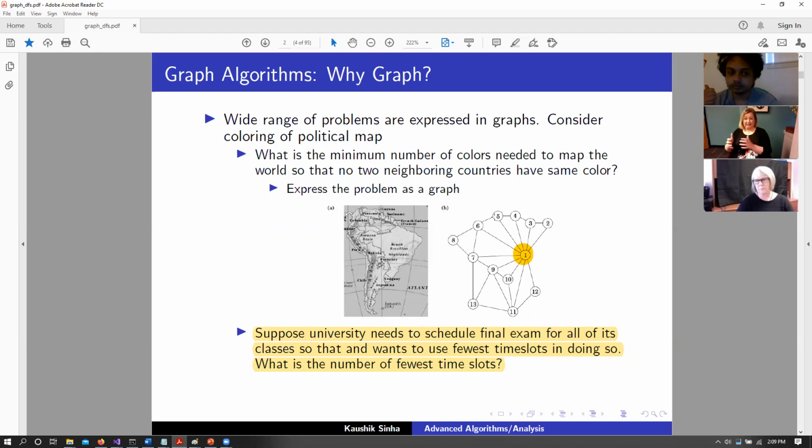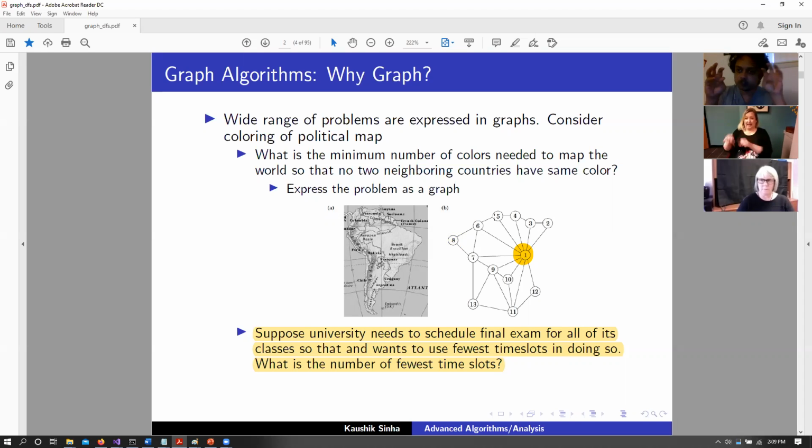Now we discussed this earlier, but I'm going to repeat the solution here now. So we can imagine that every vertex in that particular solution is a class, and every edge between those 2 vertices is basically a student, or there exists such a student that takes both of those classes together.